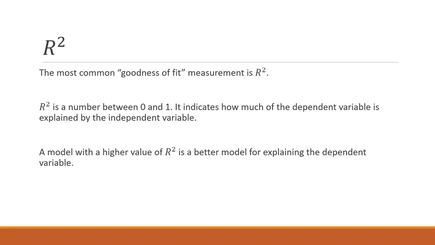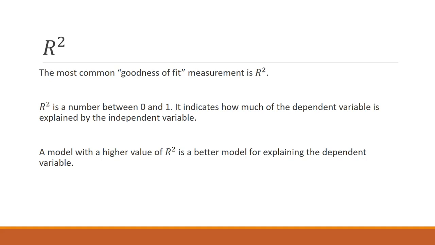Now, in a future lecture, we're going to talk about how you calculate R squared and what R squared is. But for right now, we're grabbing the intuition. So R squared is a number between 0 and 1. And the higher R squared is, the better the model is at describing or explaining the dependent variable.